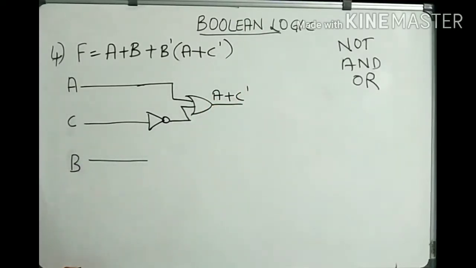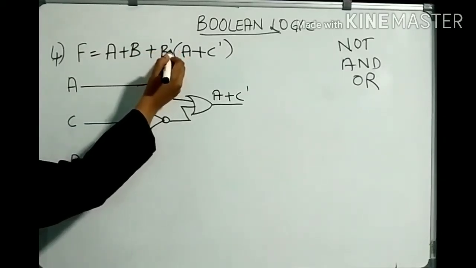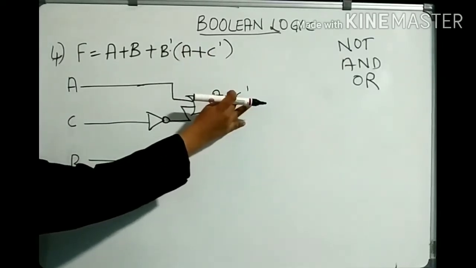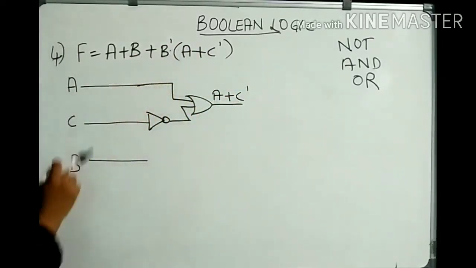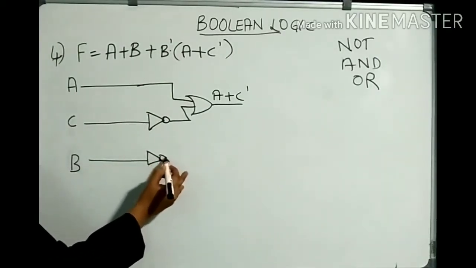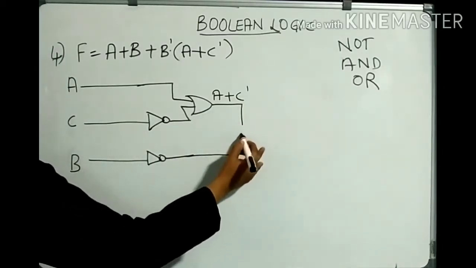Then we should look for AND operations. Yes, B dash. This is the output and we have to AND it with B dash. B dash means we need a NOT gate here. So let us draw it like this.